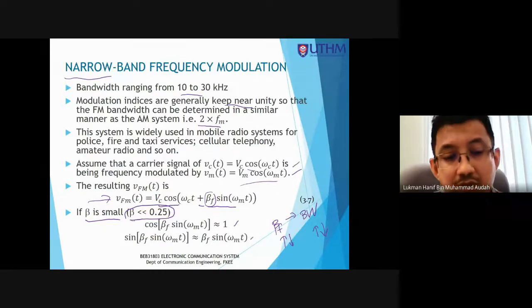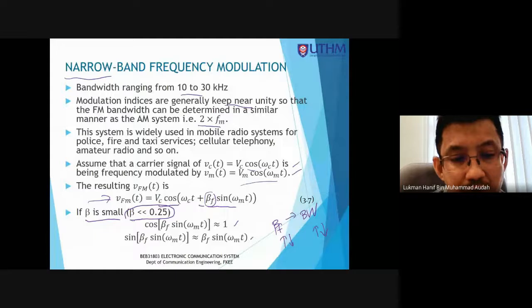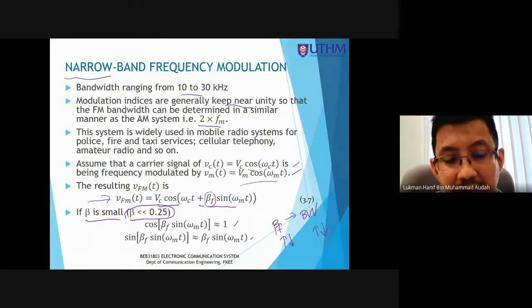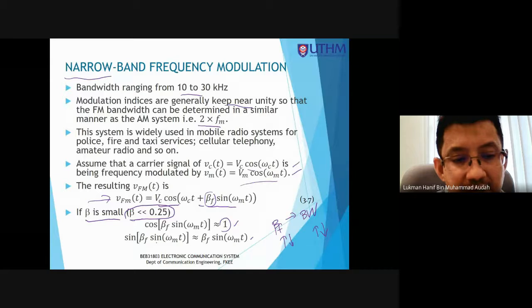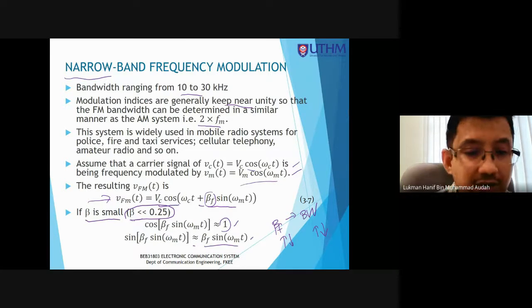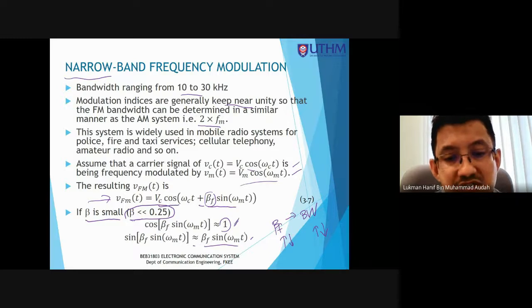Approximation untuk cos(beta_f sin omega_m t) approximately equal to 1, whereas sin(beta_f sin omega_m t) approximately equal to beta_f sin omega_m t. Apa benda ni? So these two approximations will be used to approximate the general equation for narrowband.